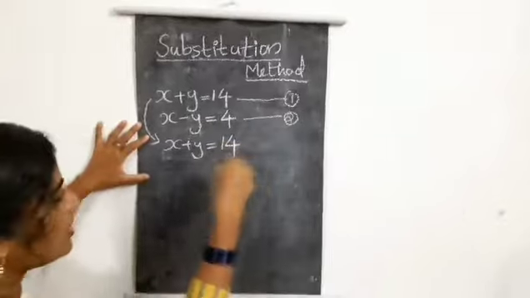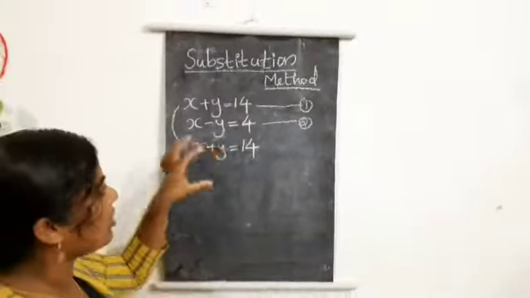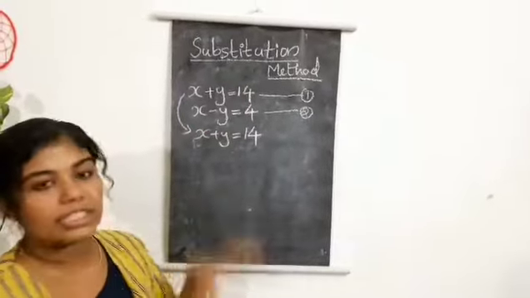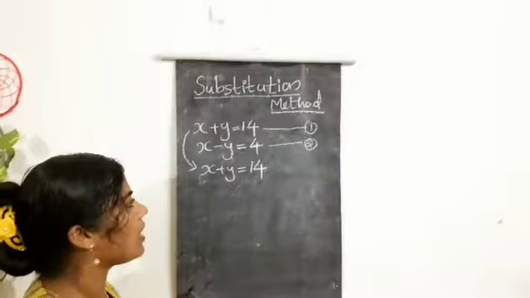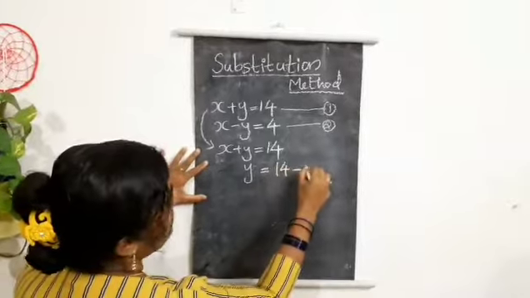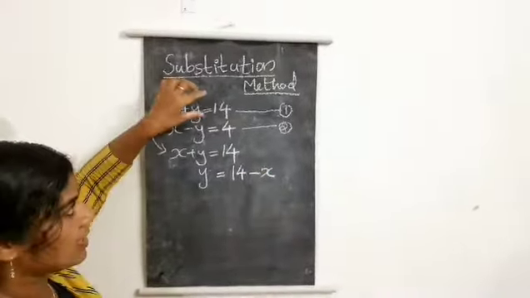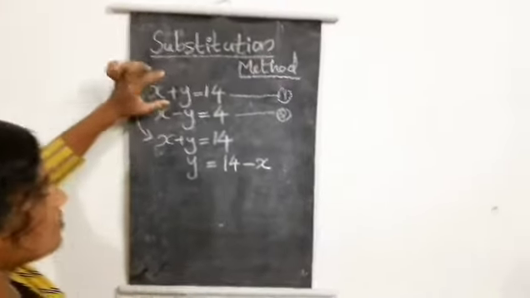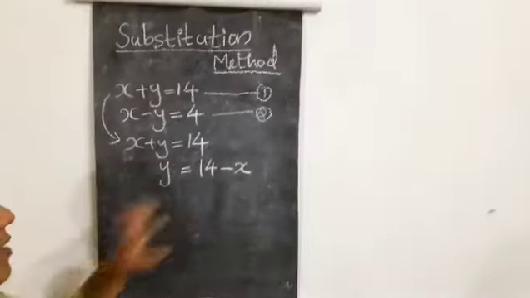This is our first equation. From this equation we write y in terms of x, that is y equal to 14 minus x. So from the first equation we can write y in terms of x.